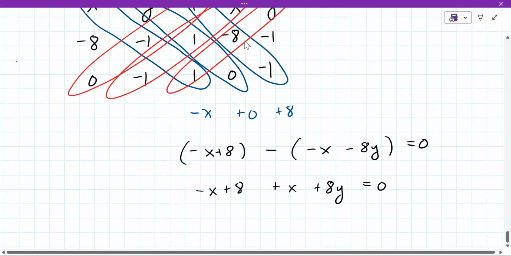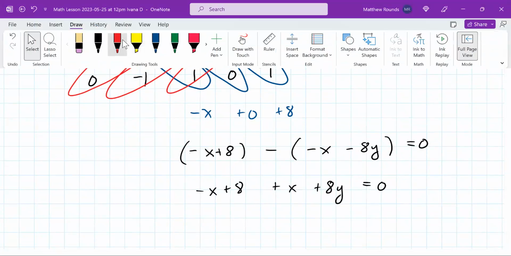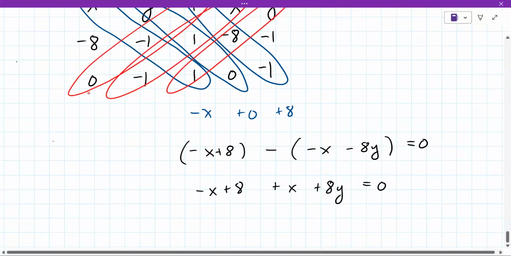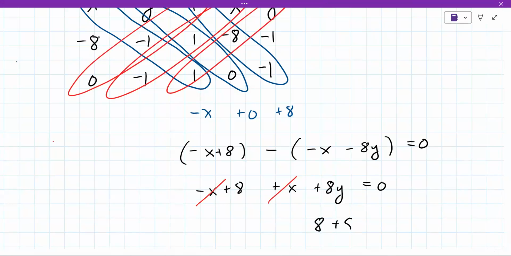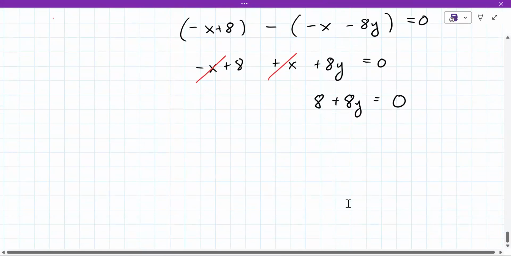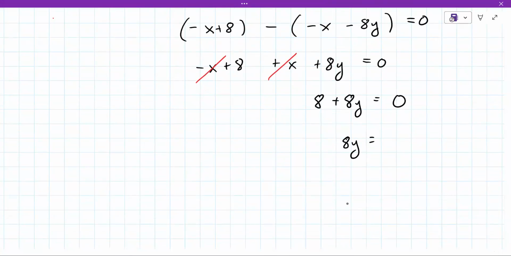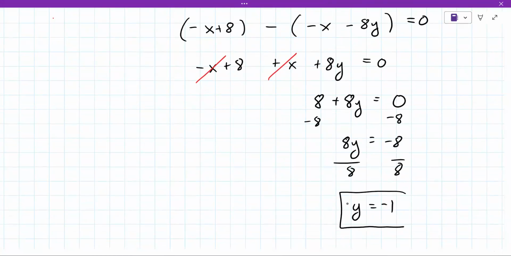Do you see any cancellations? The x's cancel, leaving you with 8 plus 8y equals 0. And so solving for y, you subtract 8 from both sides, divide by 8, and y equals -1. Yep.